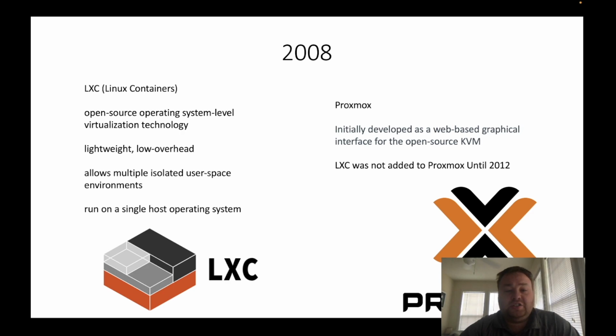But LXC is the containerization technology that we still know today in Proxmox at version 7, which allows us to basically strip out all of the hardware control elements and work off the kernel of the Linux system, or the Linux host operating system, and just put our application layers on top of it.